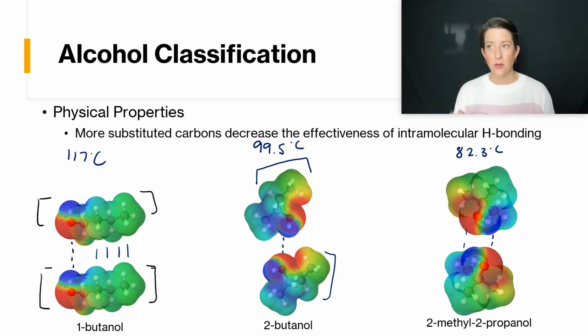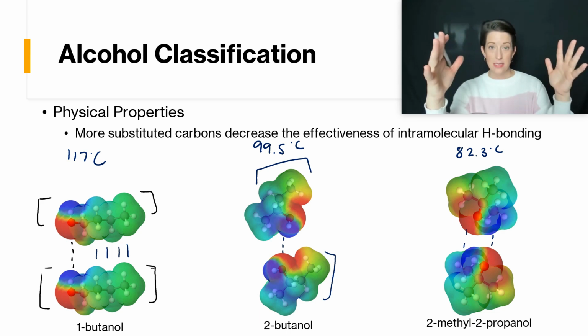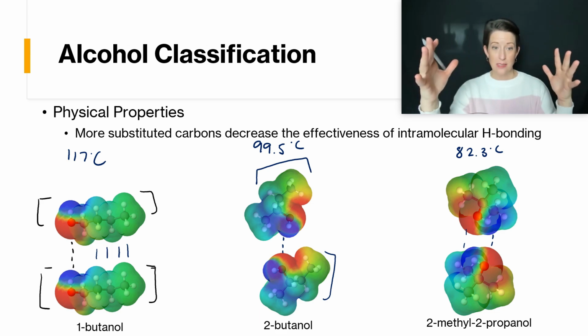You do not need to know these numbers. I just want to use these to explain how the classification of the alcohol carbon can help us predict the energy needed to separate these molecules. Remember that boiling and melting point is the energy required to disrupt the intermolecular forces to allow them to separate.